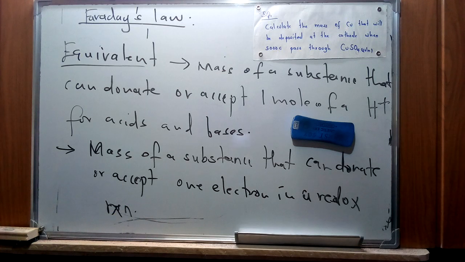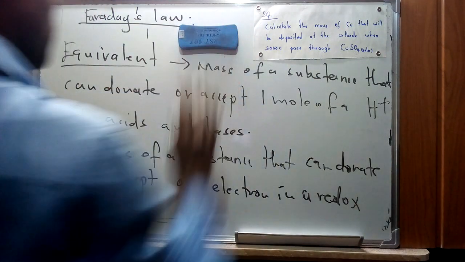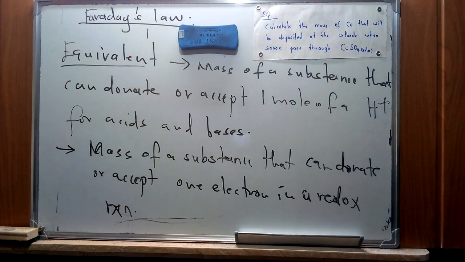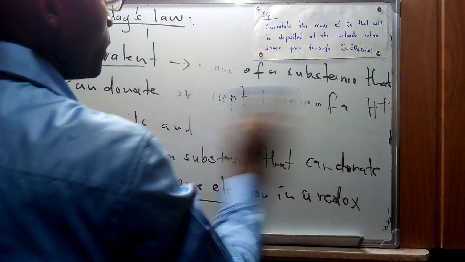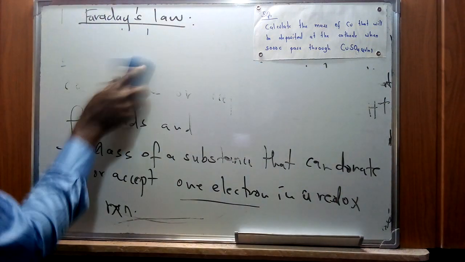So basically, trying to look at the two concepts for the equivalent that we have talked about. An equivalent is a mass of a substance that can donate or accept 1 mole of a proton for acids and bases, or alternatively, the mass of a substance that can donate or accept 1 electron in a redox reaction. So we're going to see the half equations that we have been presenting for the redox reactions, and try to see how this concept of an equivalent can be employed.